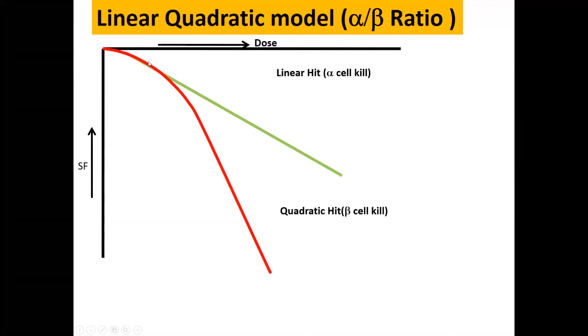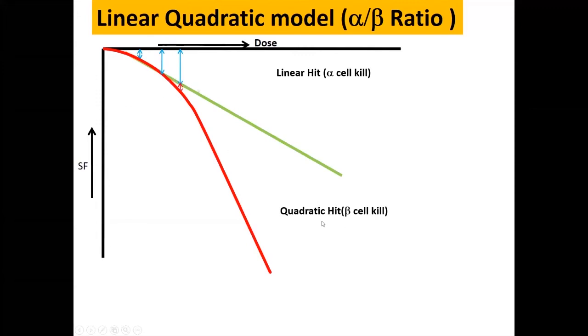So let us start with the low dose region. Here you see all the cell kill is by alpha. When you further increase the dose, still all the cell kill is by alpha. When you increase the dose further, you will appreciate the red arrow starting to appear, which means that quadratic hit also contributes to cell kill.